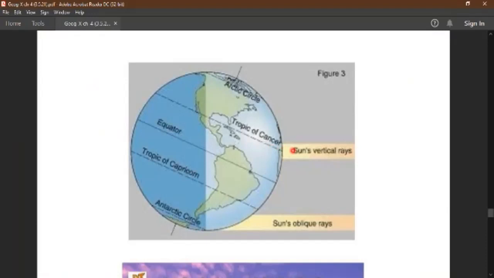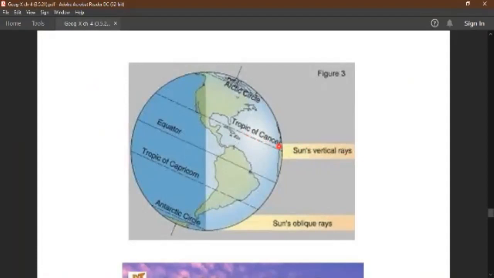As you know, the sun's rays are vertical at Tropic of Cancer during this time. Also, Tropic of Cancer passes through India. Hence, we have a summer season here.